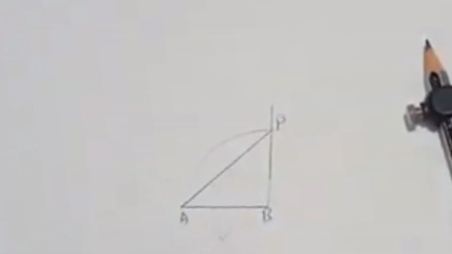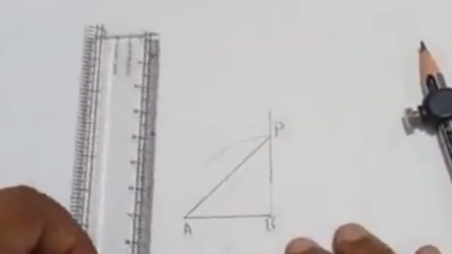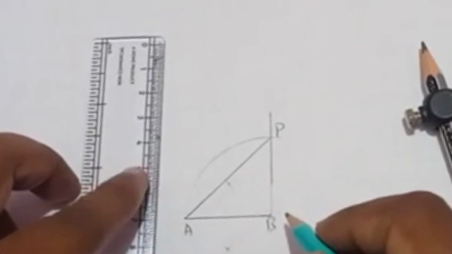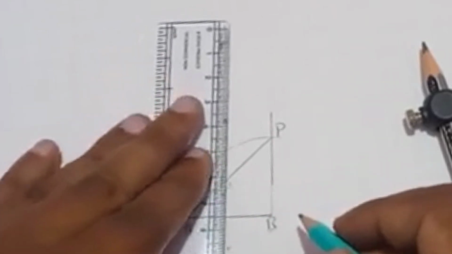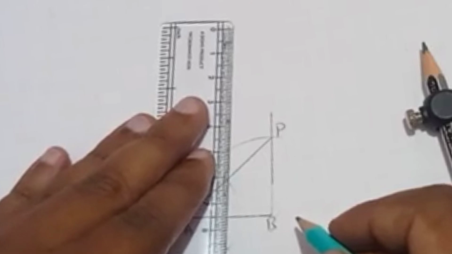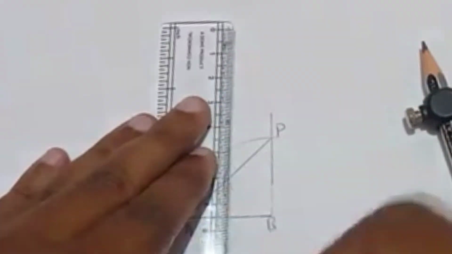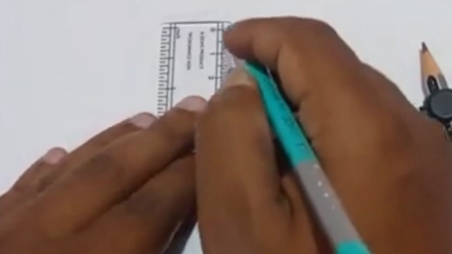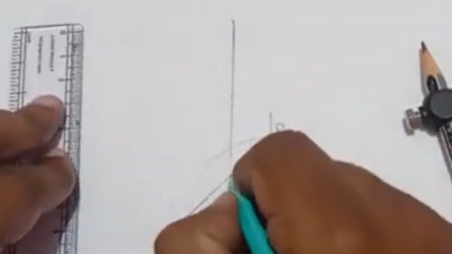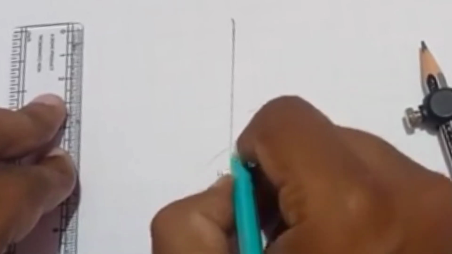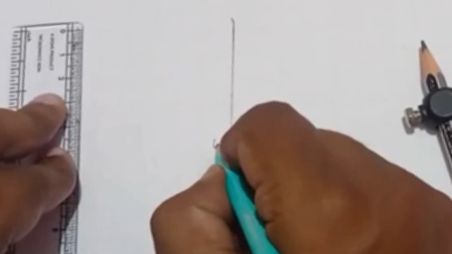After getting these two arc points, draw a straight line passing through them. This point is point number 4, and this point is point number 6.